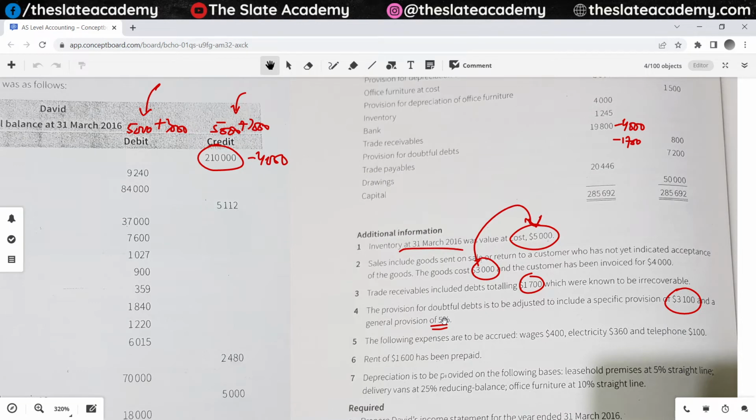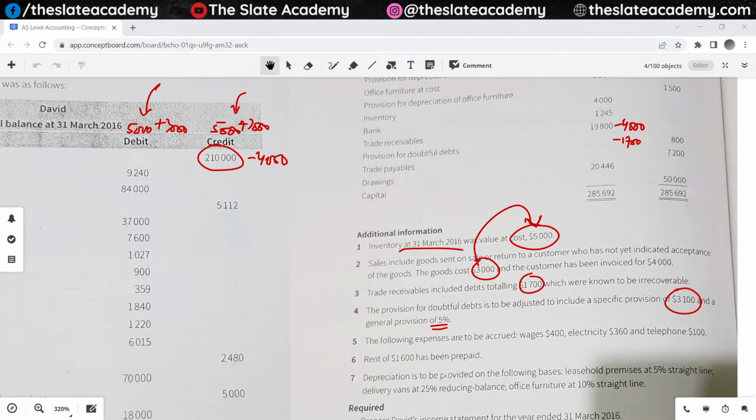If I have 19,800 minus 4,000 minus 1,700, that gives me 14,100. If I calculate 0.05 of this, it gives me 705. Did I do it right? 19,800 minus 4,000 minus 1,700.